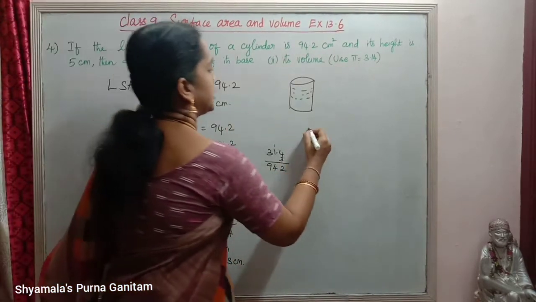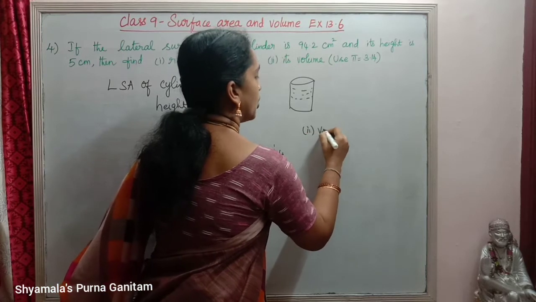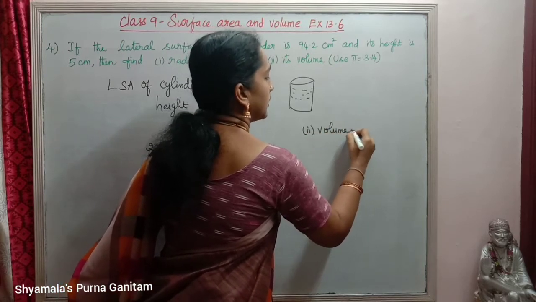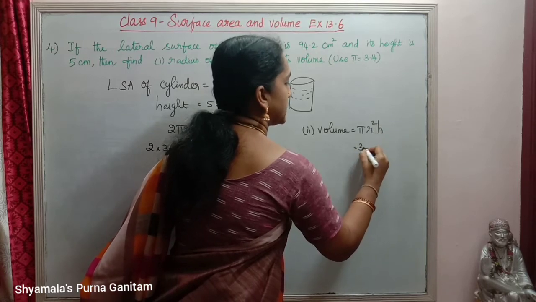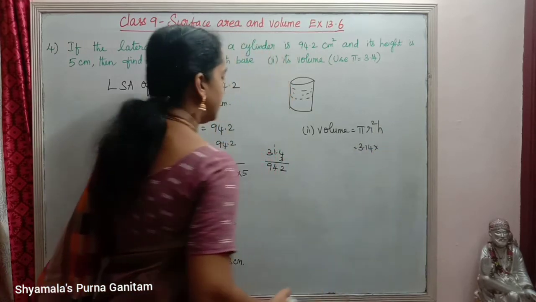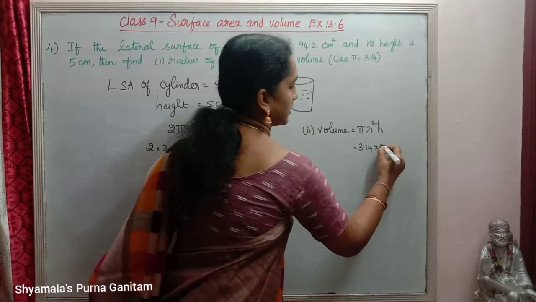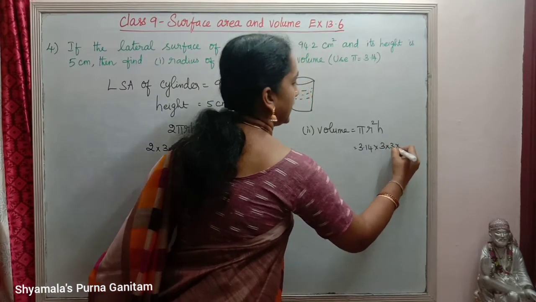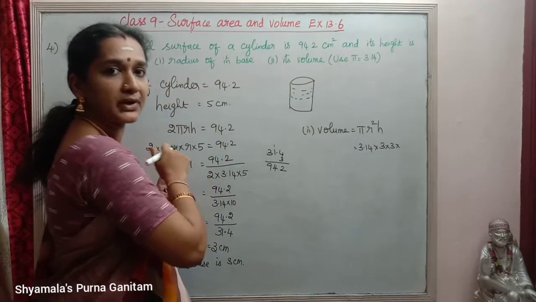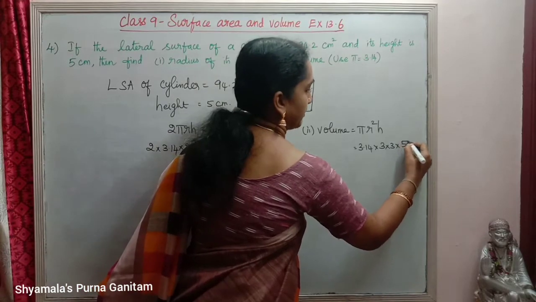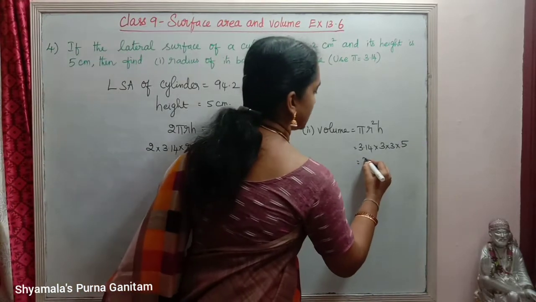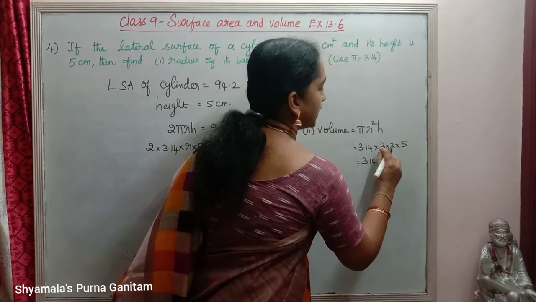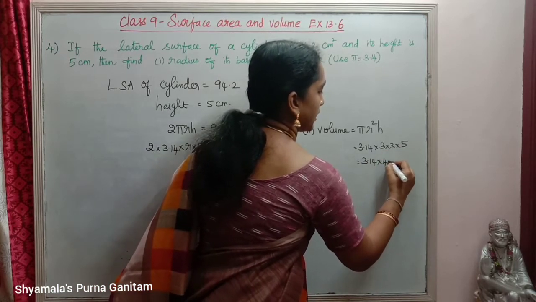Then we are asked to find the volume. So volume is equal to pi r squared h. Pi is 3.14 into radius 3, so 3 into 3 into height, given as 5 centimeter. If we multiply everything, we will get the answer for the volume. 3.14 into 3 threes are 9, 9 fives are 45.